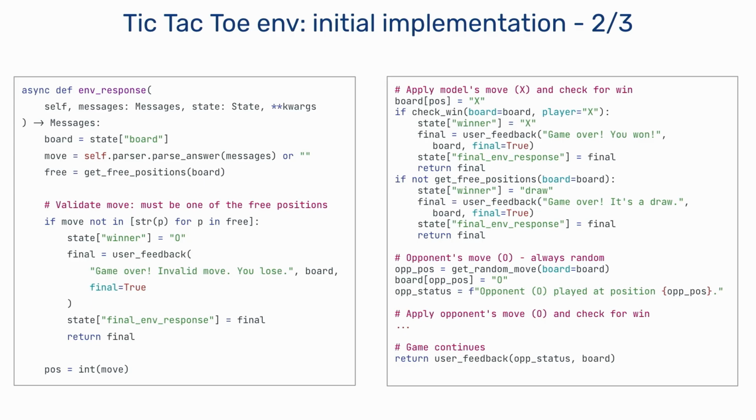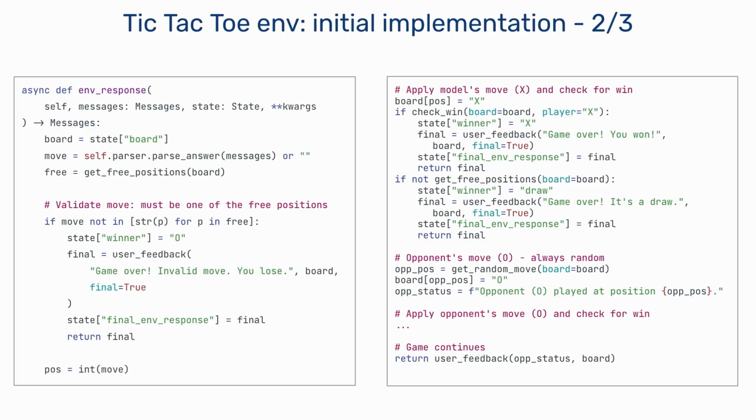Here we parse the answer from the model. We validate it. If the move is invalid, for the moment we stop the game with a loss. This is a decision I revisited later. Then, if the move is valid, we apply it to the board and we check for a win or for a draw.